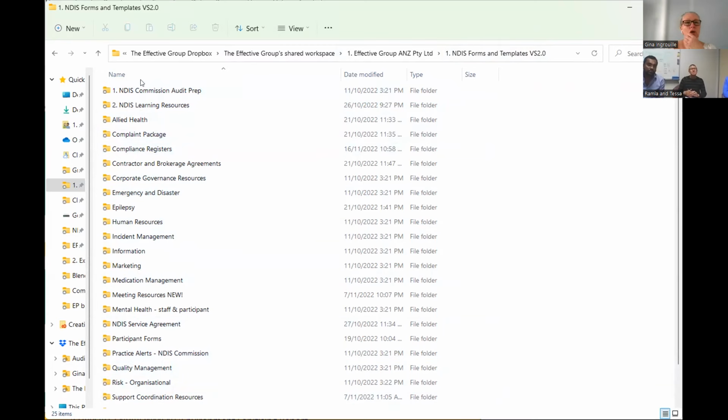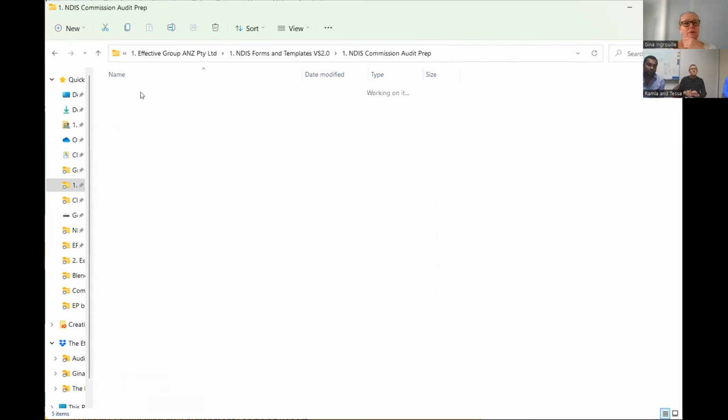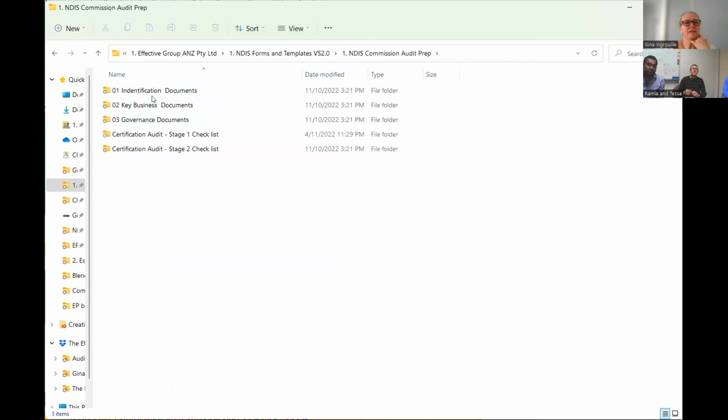Mhm. And so NDIS Commission Prep is my suggested way to get ready for audit. Because the standards are set out, ACES have their way and NDIS have their way in terms of how we progress through the audit.